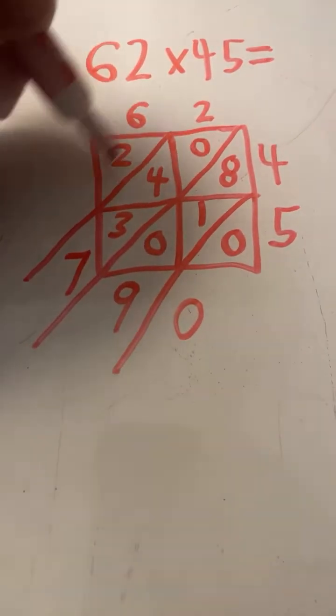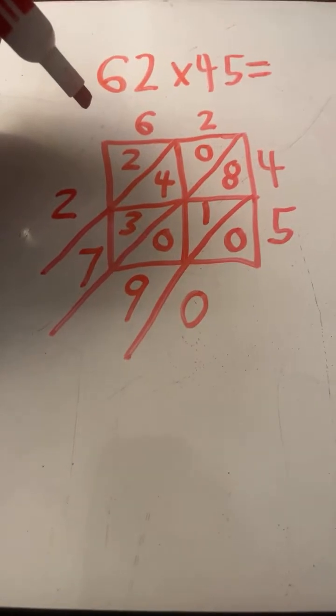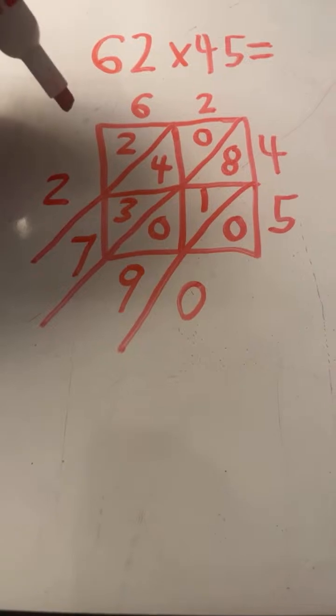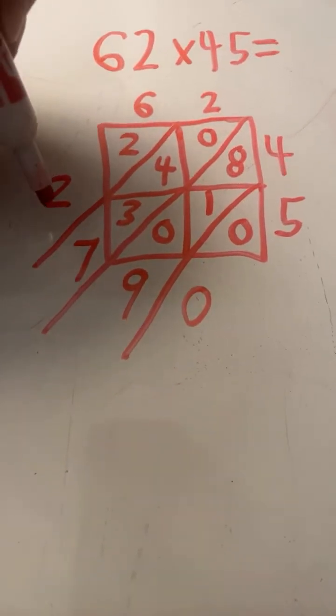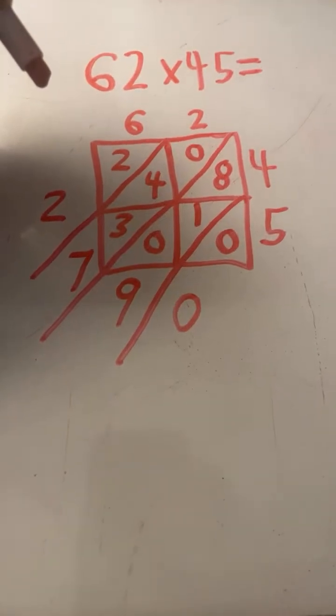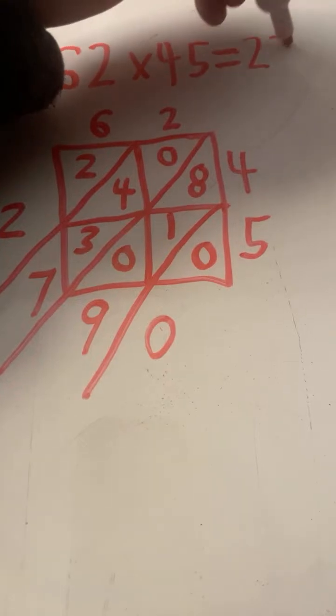And then along this diagonal line, the only number we have is a 2. Now we read our number from left to right. So we have 2,790. 62 times 45 equals 2,790.